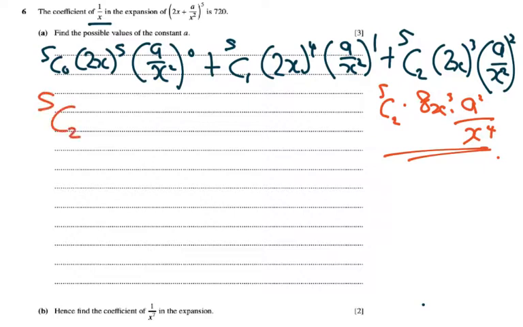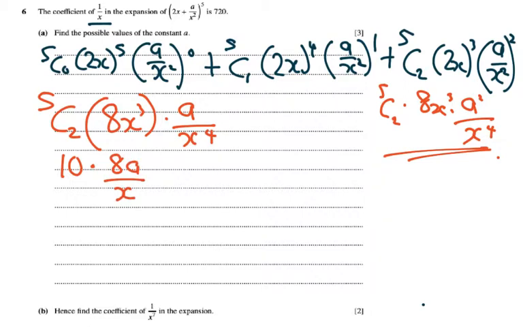So 5c2 times 8x cubed multiplied by a squared over x to the power of 4. 5c2 gives us 10, times 8, and the x's cancel, so sorry, a squared, that gives 80a squared over x.